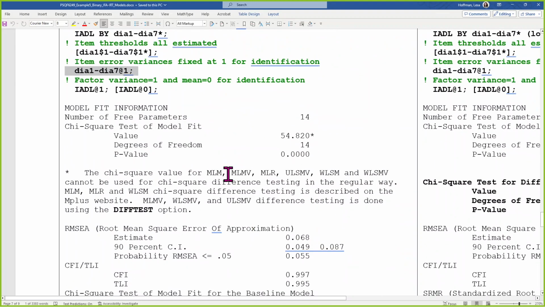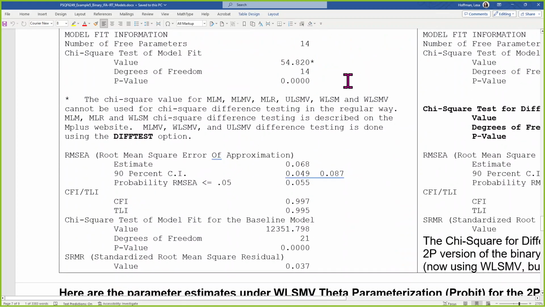Model fit information. Look, it's all back. It's back. Isn't it comforting? We get our chi-square tested model fit, 14 degrees of freedom left over, 14 free parameters. That's based on the number of items and the number of thresholds. It says, hey, by the way, you need to use this other method of doing likelihood ratio tests.